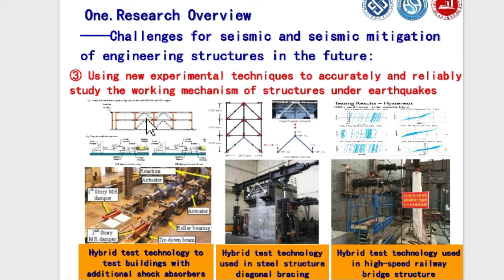Between the damper and the structure there are connections. The damper will provide a force to the structure, and the structure provides a constraint on the damper. So there is a force transfer between the analytical substructure and the experimental dampers.